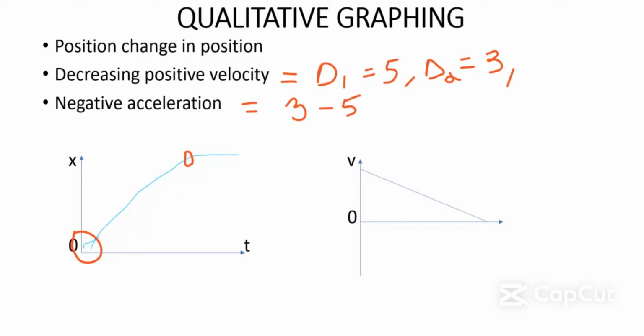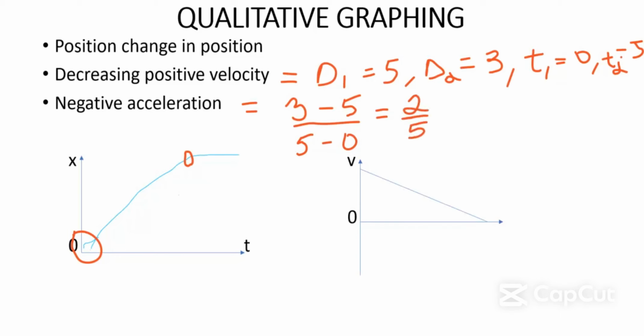And let's assume the time t1 is 0, and t2, let's assume that was at time 5. So if this is 3 and this is 5, divide by the time of 5 minus 0, so that will be 2/5.